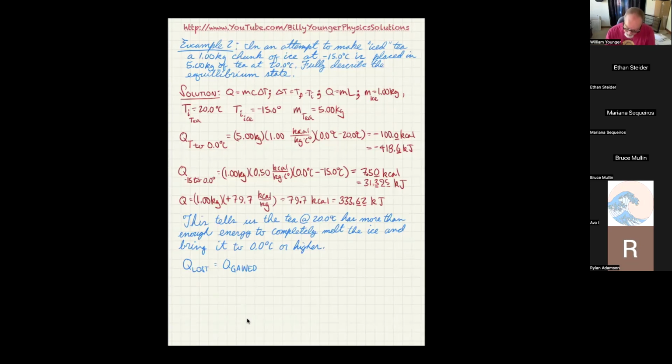So switching back to my red pen, what's losing heat is the T. So I'm going to have 5.00 kilograms of T times 1.00 kilocalories per kilogram Celsius degree.